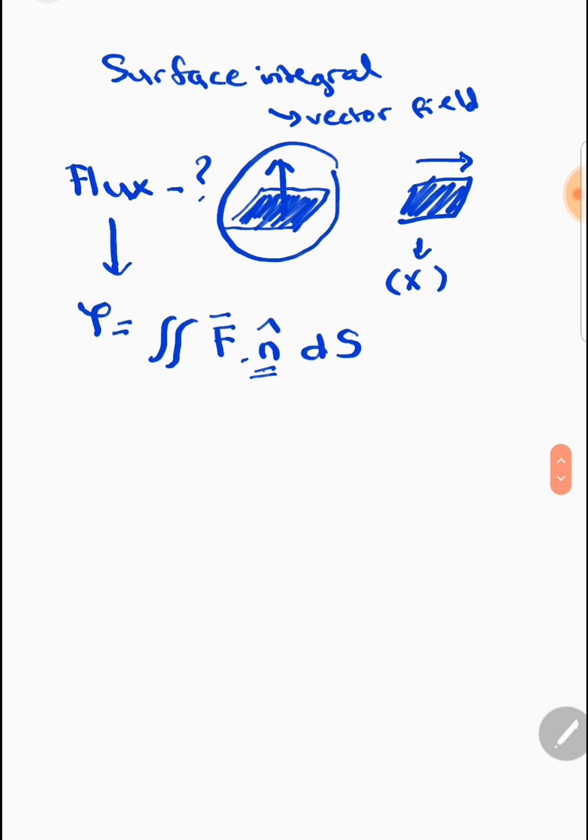And of course, if you recall, n cap dS is equivalent to what again?